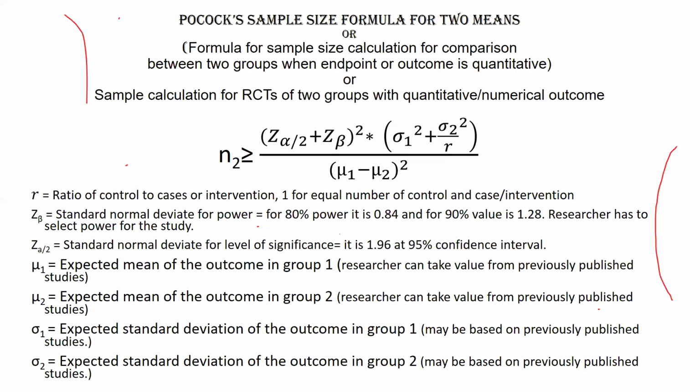Because we have to calculate sample size for our research study, because of CONSORT guidelines, okay, and there are other guidelines, STROBE guidelines, and even ICMR, WHO, and other ethical committees, they need step by step sample size calculation.